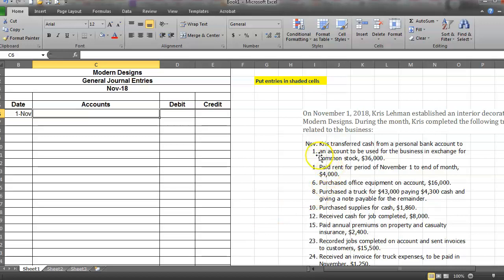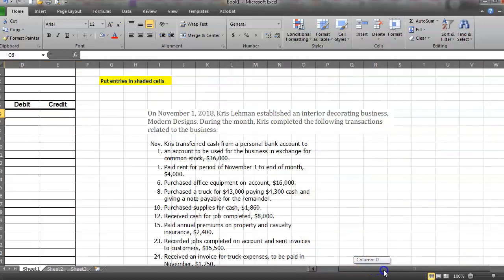For example, the Modern Designs organization has a number of transactions for their first month of business. On several days they have quite a few transactions, and we're going to go through each one of them.